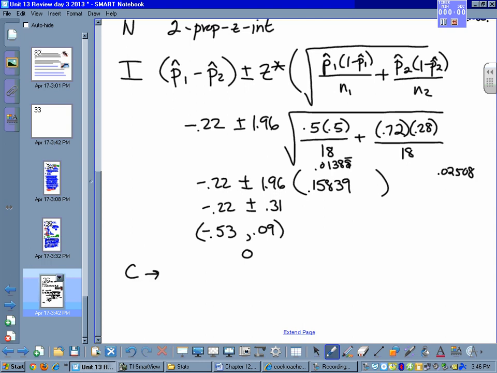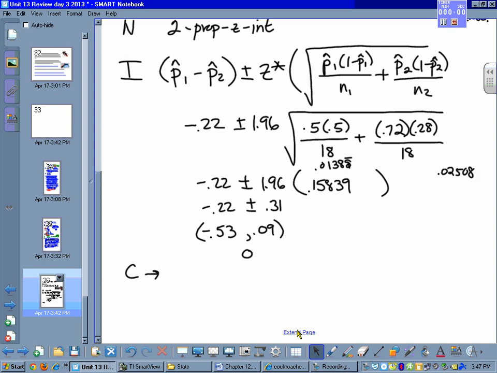My conclusion would be I am 95% confident that the true difference in the proportion between the cockroaches that die on the glass surface versus the cockroaches that die on the plasterboard surface is captured anywhere from 53% dead on the glass surface to 9% higher kill rate on the plasterboard. I'm sorry, that's backwards. 53% on the plasterboard kill rate to 9% more dead on the glass surface. So there really is no difference.